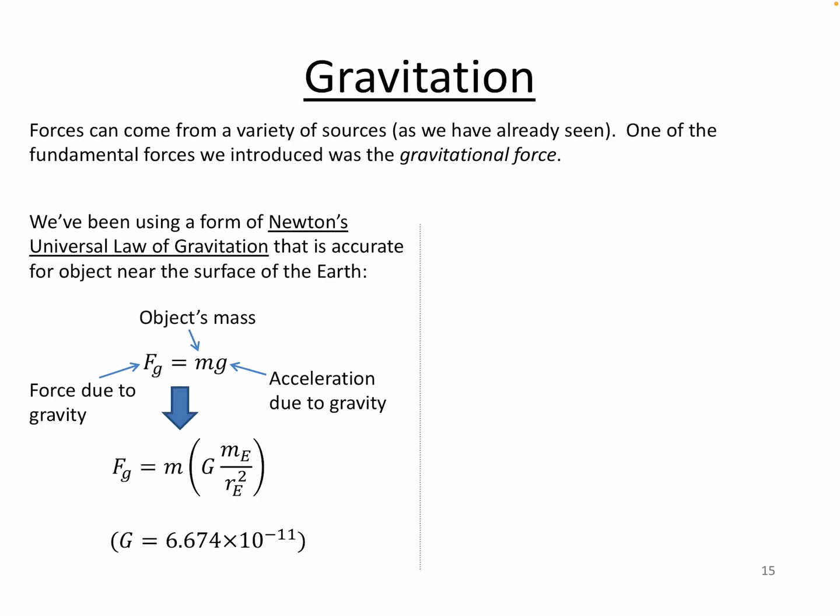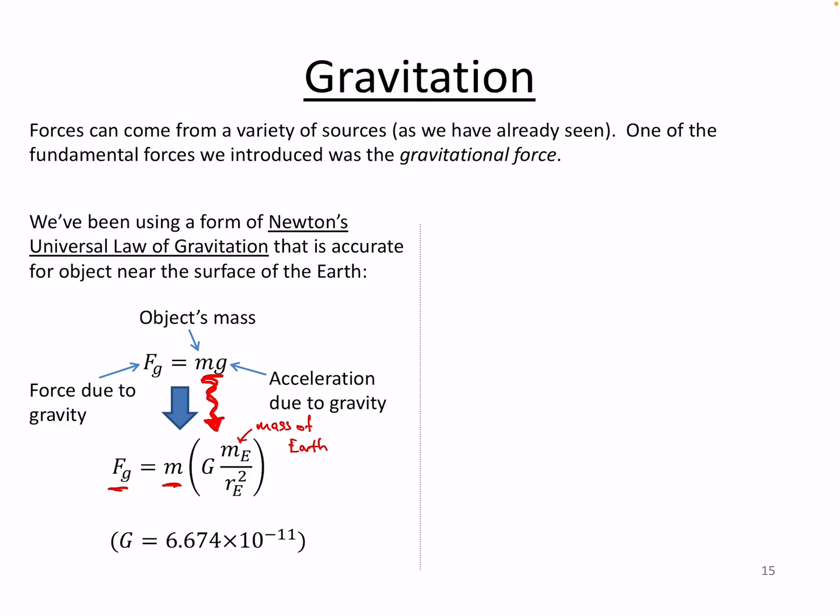So we still have the same old F sub g, and we still have the same old mass of the object, but bound up in this g, that acceleration due to gravity that we just call 9.8 meters per second squared, is all of this stuff, okay? So we have the mass of the Earth, which is on the order of 10 to the 24th kilograms, big.